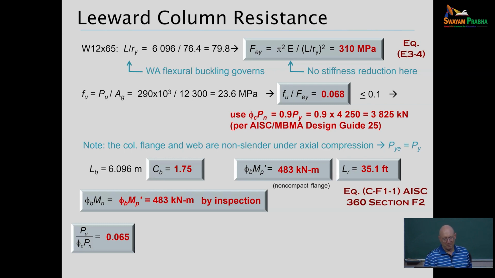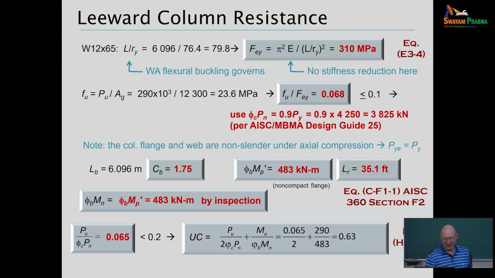We need a demand to capacity ratio for the axial term, so that's 0.065. And so the interaction equation we use in AISC, we were looking at a little bit yesterday, is a bilinear equation, and so we're in the part below the knee of this bilinear equation, where the axial load term gets divided by 2, and then we add that with the Mu over phi Mn.